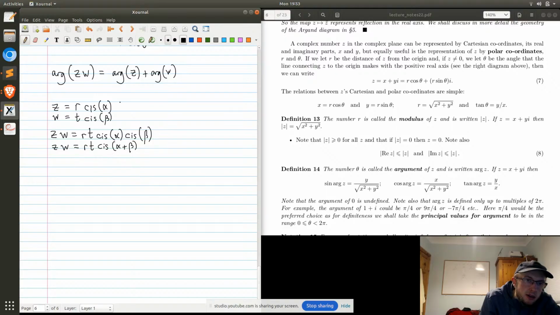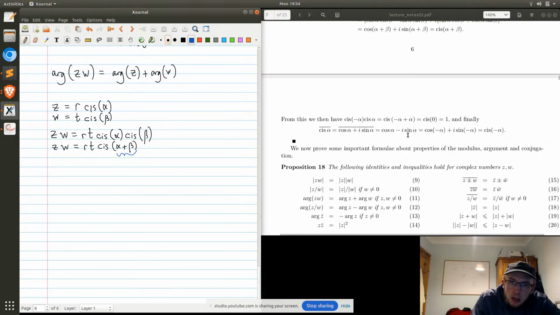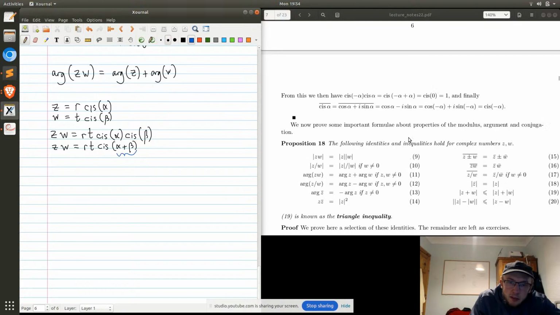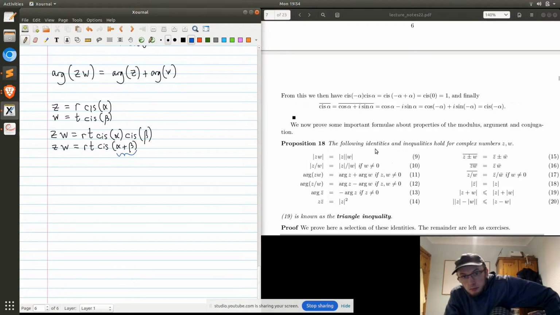And considering how we're just asking for the argument of ZW, it's right there. It's alpha plus beta. And yeah, therefore, this has to be true. Okay, so I'm convinced about that now.